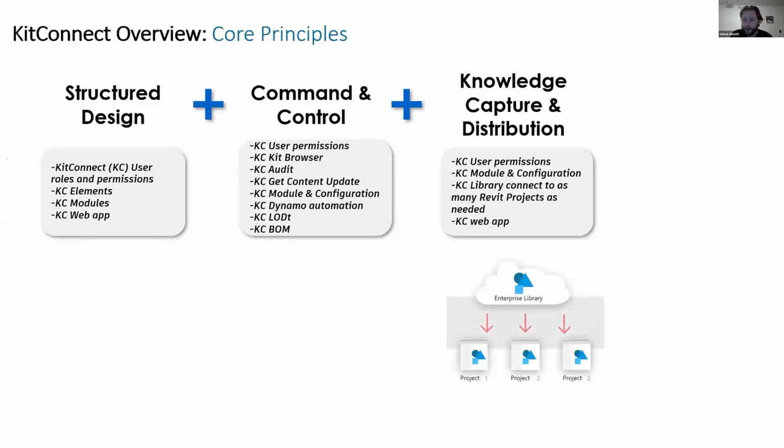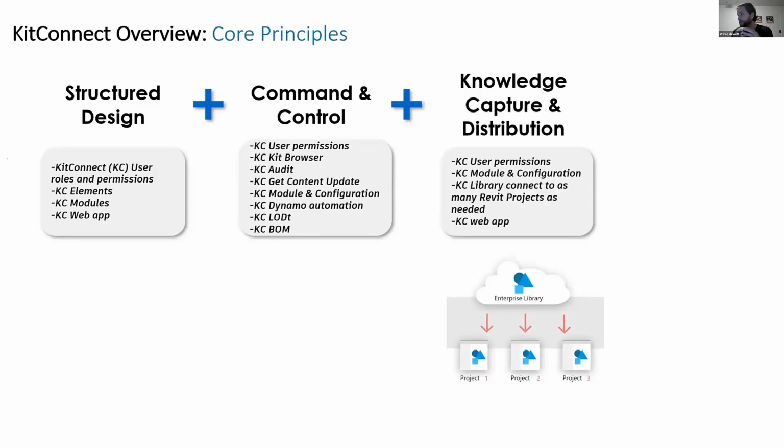As a secondary part here, I've mentioned this a few different times, but this is super important. This is one thing that we've learned at Project Frog as a company that builds buildings: one of the major powers of KitConnect is one library connects to multiple projects. So there's plenty of times where you might have one project that has multiple building files, and there's geometry that needs to be shared between those buildings.